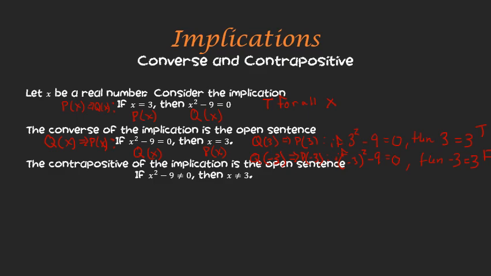So x squared minus 9 not equal to 0 is the negation of Q of x, and x not equal to 3 is the negation of P of x. So this is the open sentence not Q of x implies not P of x.